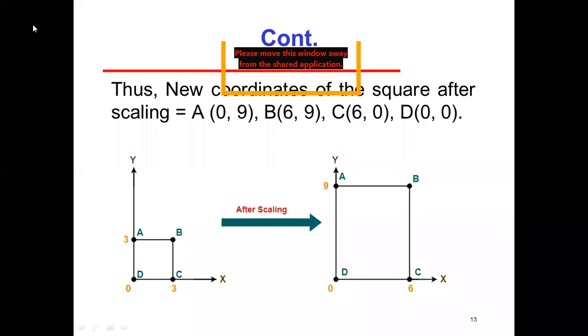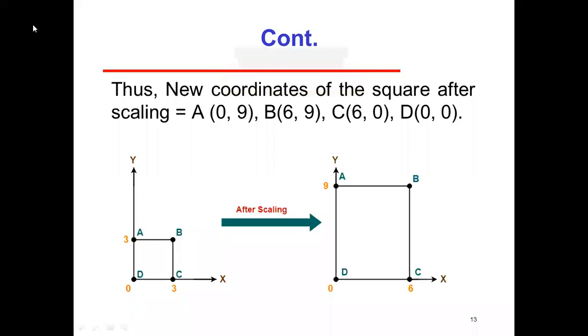In 2D we have used a 3 by 3 matrix, and in the 3D plane we will use a 4 by 4 matrix for the representation of the image or object.